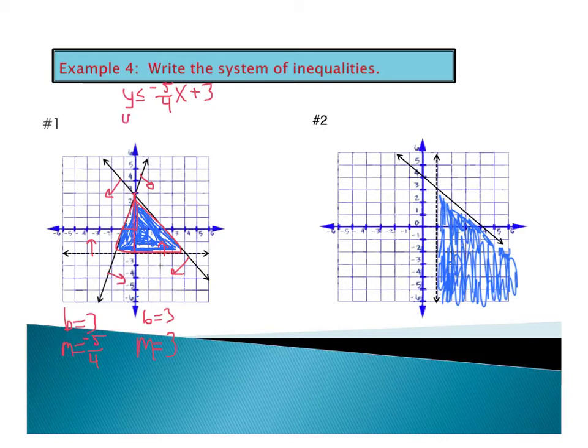I'm going to have y, and we'll worry about that inequality in a second. We have 3x plus 3. Let's think about it now. Here is my line, and I'm shading below it, so it's going to be less than or equal to once again. Last one will be that horizontal line, which we know is a y equals equation traditionally.